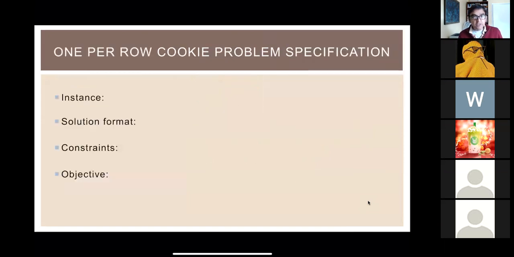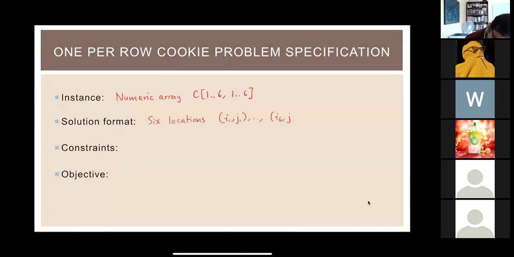Okay, so let's go ahead and write down this modified version of the problem using our standard template. Numeric array. And again, it's of the same size, 1 to 6, 1 to 6. The solution format is again the same. 6 locations, I1, J1 through I6, J6.